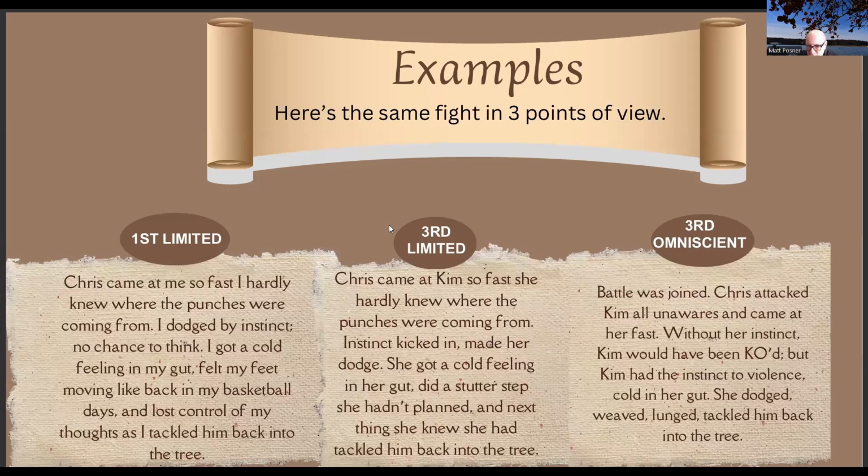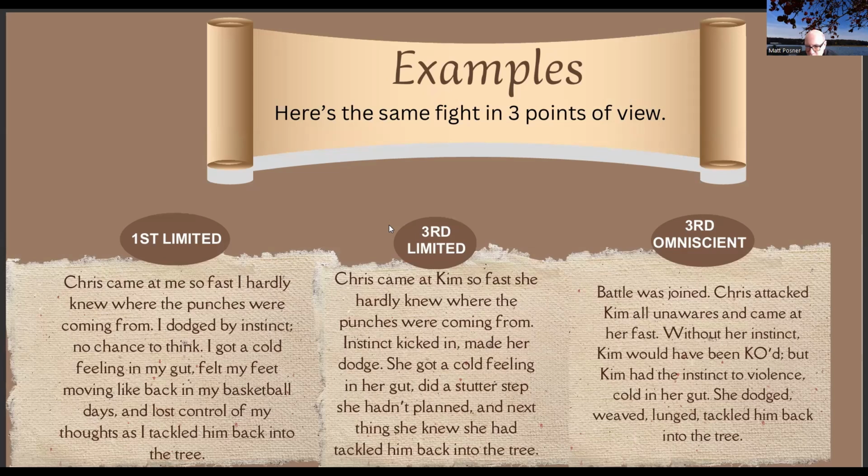We don't know anything that Kim doesn't know. She's like, where are the punches coming from? "I dodged by instinct, no chance to think." So pretty much she can't tell us what her actions were, only that she dodged without being able to make any decisions about it. "I got a cold feeling in my gut." There's an immediate sensory experience. "Felt my feet moving like back in my basketball days."